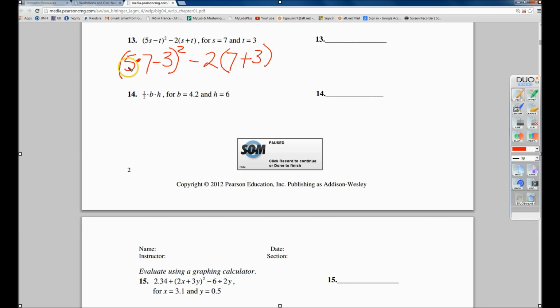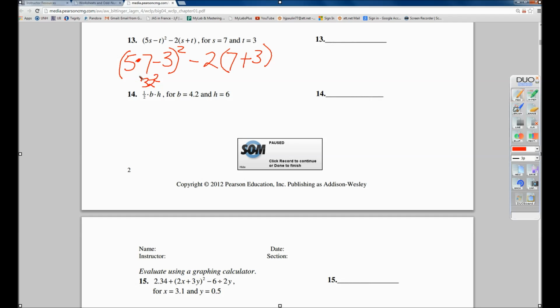So here we have to keep in mind that we're going to square. This is 5 times 7 is 35, minus 3. We're going to square here 32.